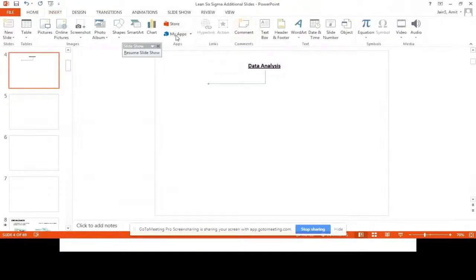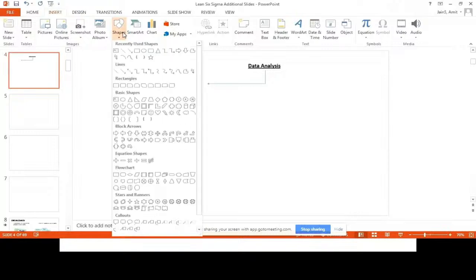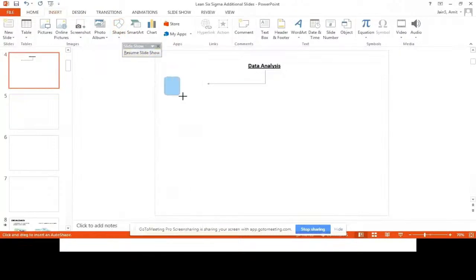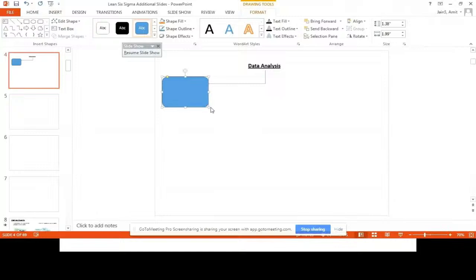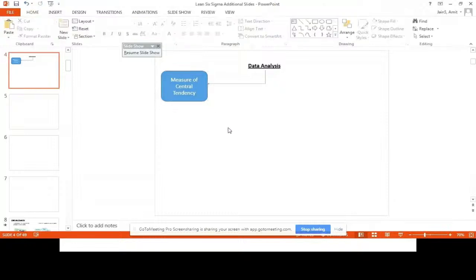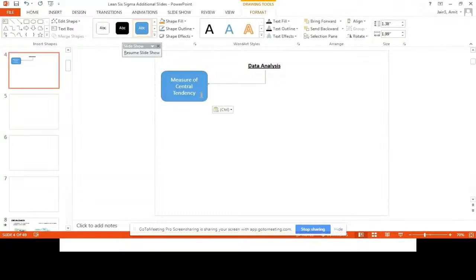Okay, so any data can be looked at from two aspects. One would be measure of central tendency. And the second way of looking at it would be measure of dispersion.